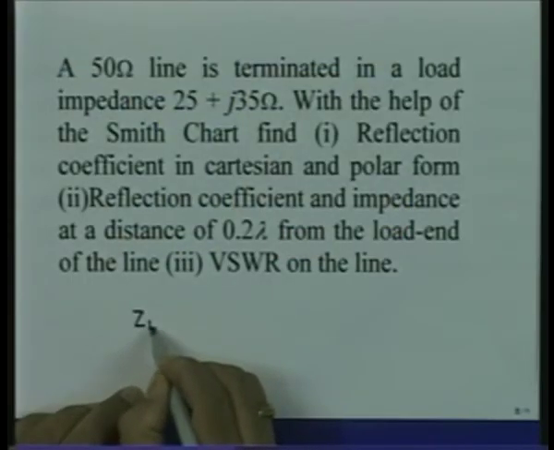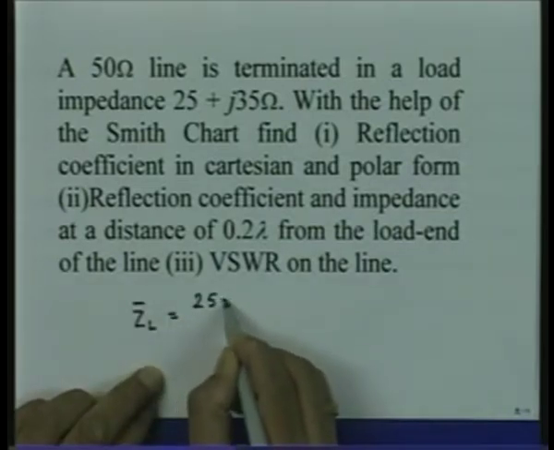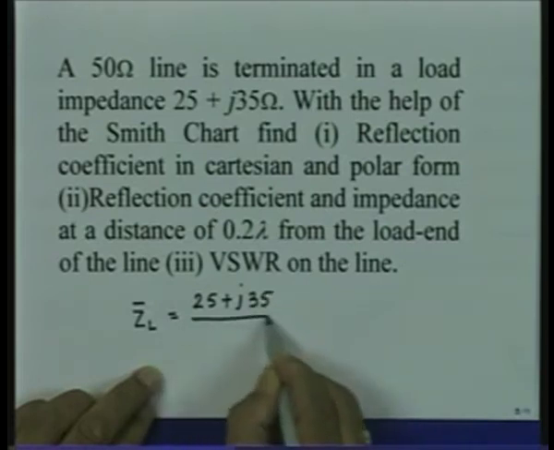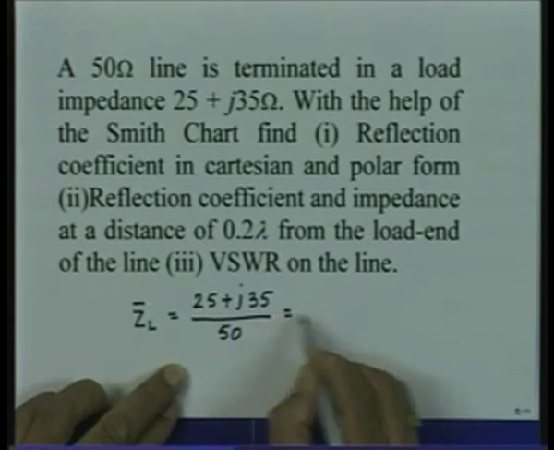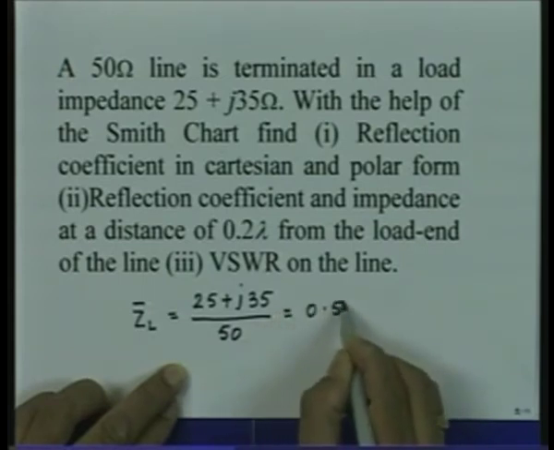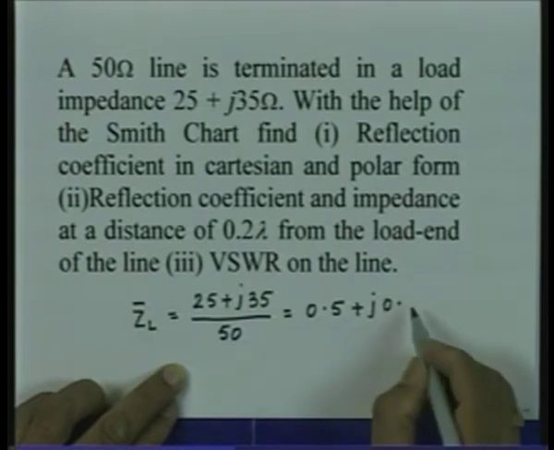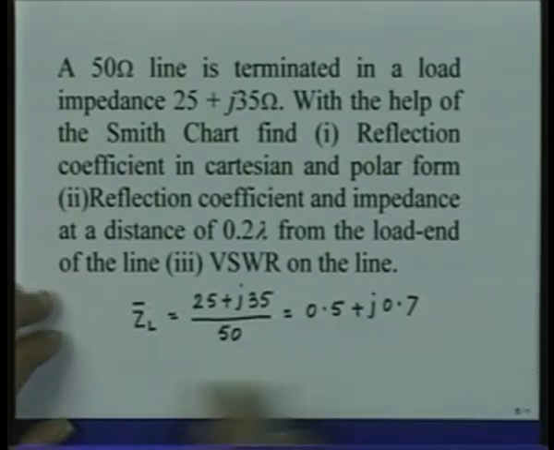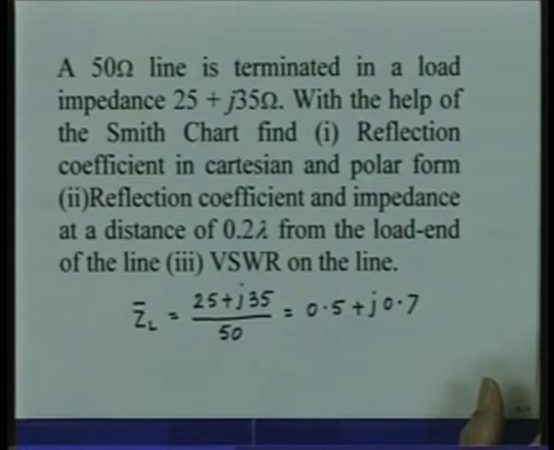So, we can calculate the ZL normalized, that is 25 plus j35 divided by the characteristic impedance, which is 50. So, that will be 0.5 plus j0.7. So, the normalized impedance which we have is 0.5 plus j0.7.